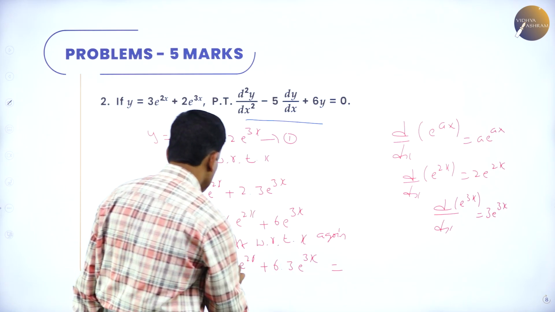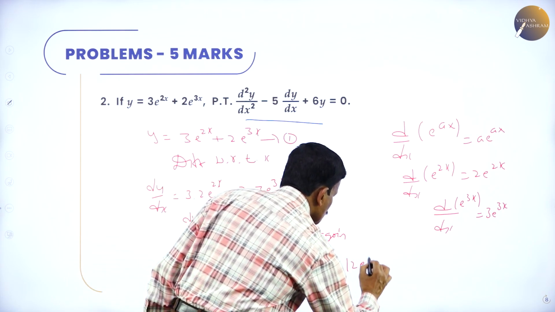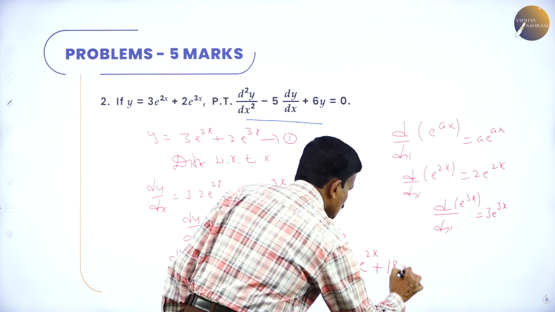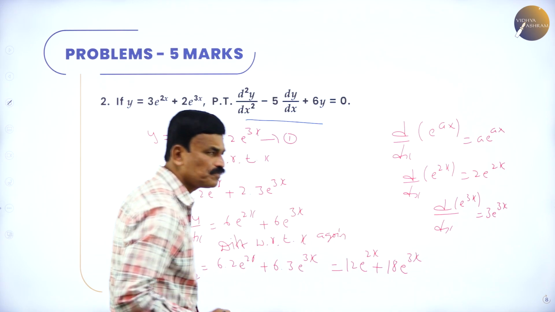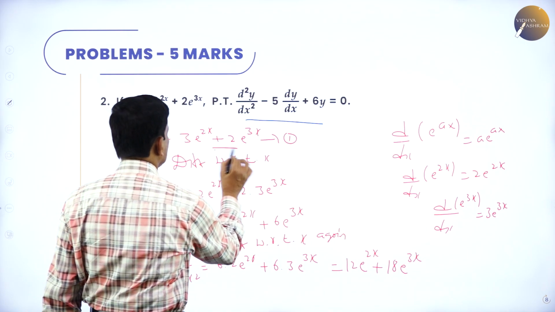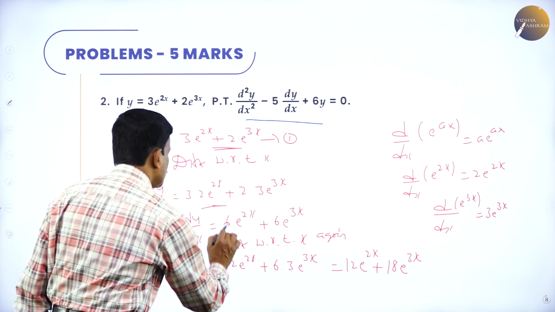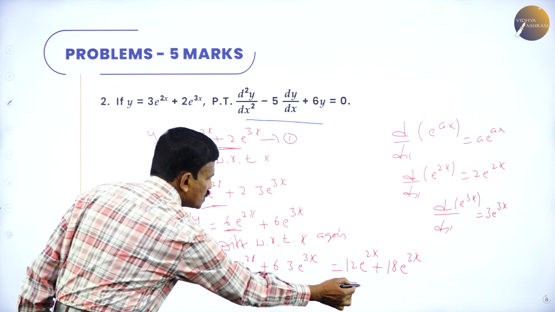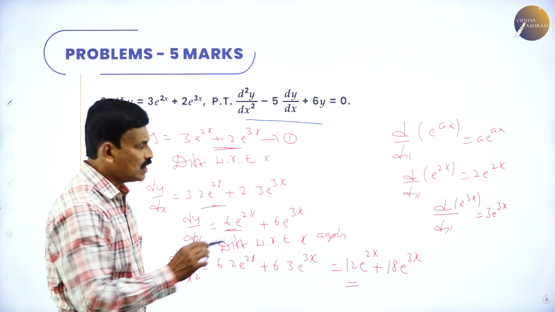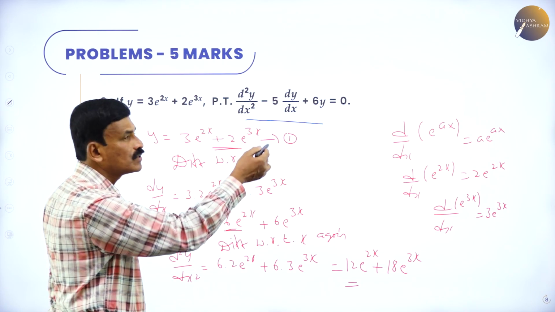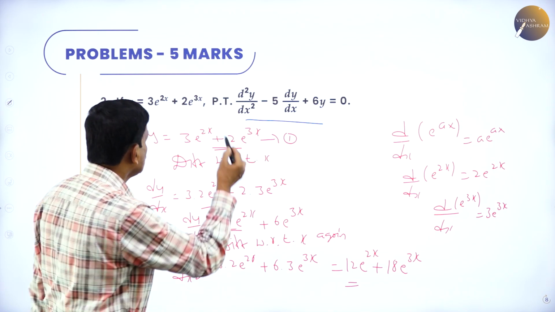So this is equal to 6 2s are 12 e to the power of 2x plus 6 3s are 18 e to the power of 3x. So this is y, this is dy by dx, and this is d square y by dx square. Now substitute d square y by dx square, dy by dx and y in equation number 1, you will get the answer. Now take LHS.